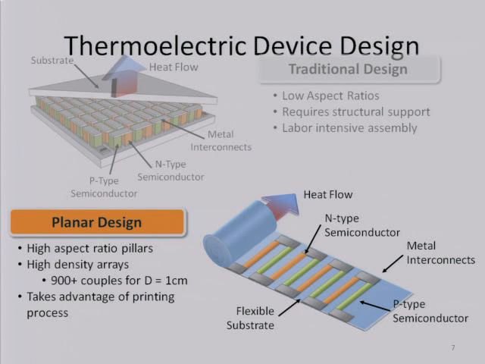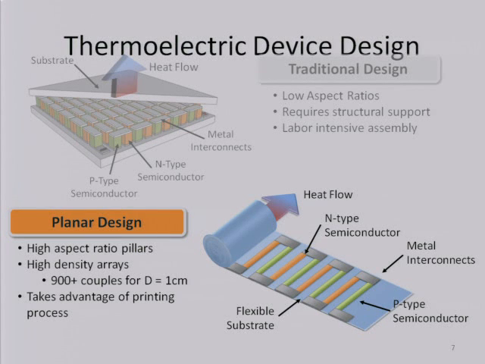So this is a traditional design which I talked about a few seconds ago. This is an alternative design we call the planar design, which I think was dreamed up by Alex Chen, one of the students, and I think it's rather a clever way of making these devices. It consists of a P-type semiconductor, N-type semiconductor, metal interconnects here and here, and the whole thing is placed on a strip which can then be rolled up, and the heat flow would then be in that direction.